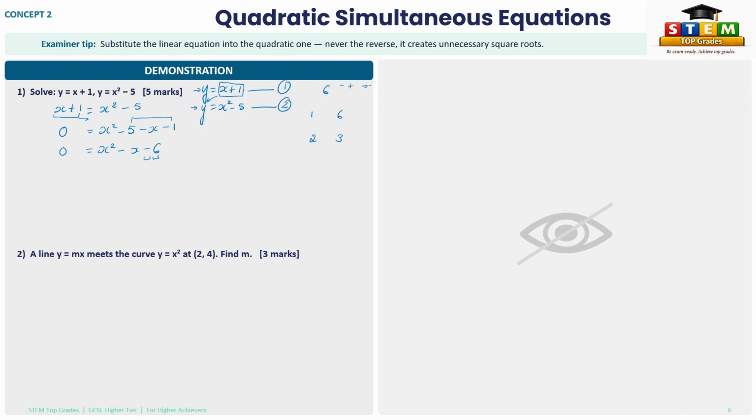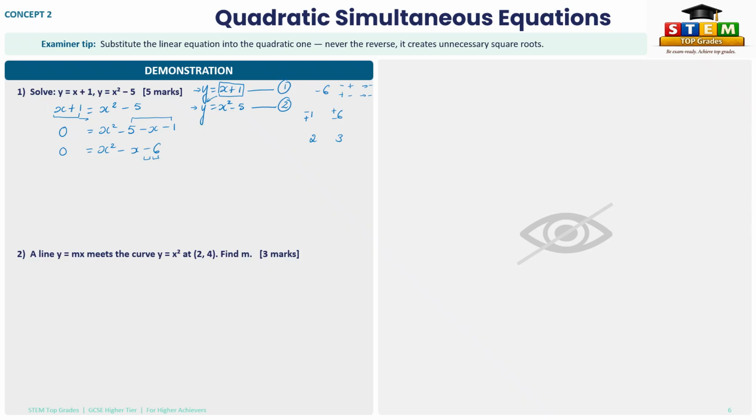So let's apply this here with the numbers. If you have minus 1 times plus 6, you're going to get minus 6. Conversely, if you do plus 1 and minus 6, that gives you the same result, minus 6.